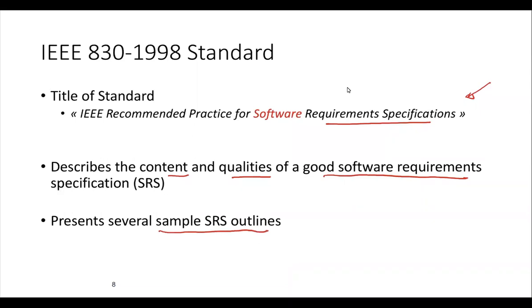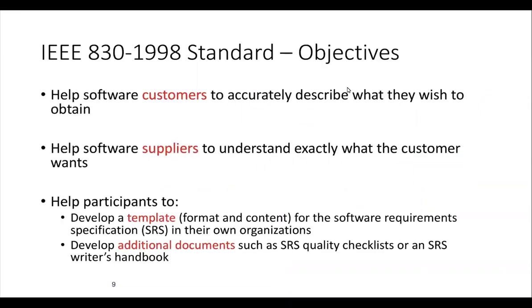The main objective of following the IEEE 830 standard is that it helps software customers to accurately describe what they wish to obtain. In addition, it helps software suppliers to understand exactly what the customer wants, and it helps those participants to not only develop a template in terms of the format and the content for the software requirement specification, but it has to be in their own organizations using their own language.